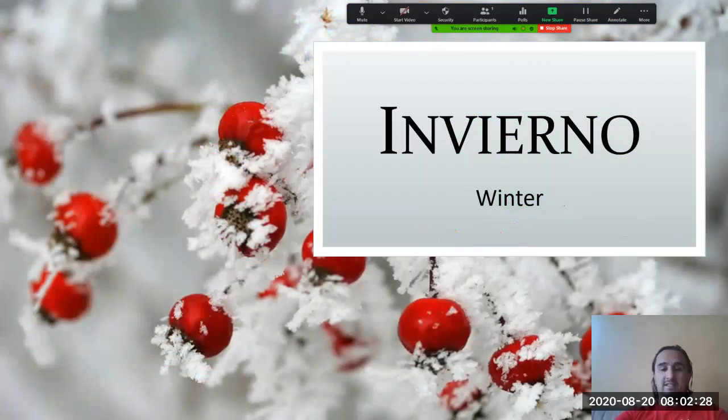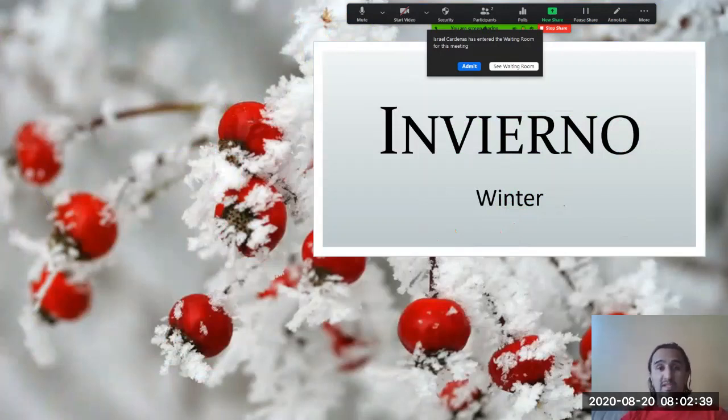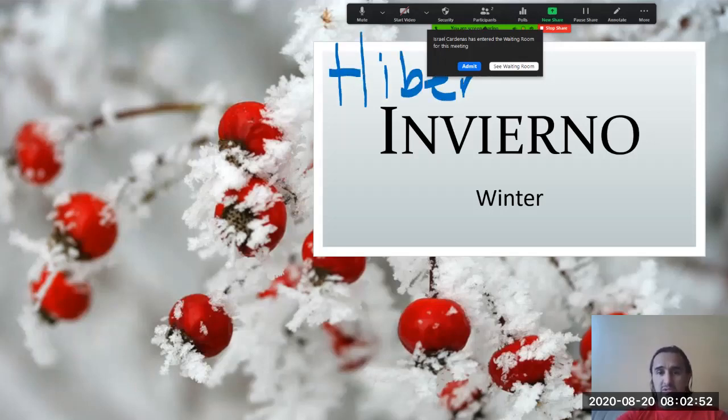And the last season that we have, invierno, winter. Now, this word is just rest. And you might actually know a little bit more if I show you where the word invierno comes from. Invierno comes from the word hibernus, to rest. And you might know that animals, for example a bear, will go to sleep for a long period when there's no food available.